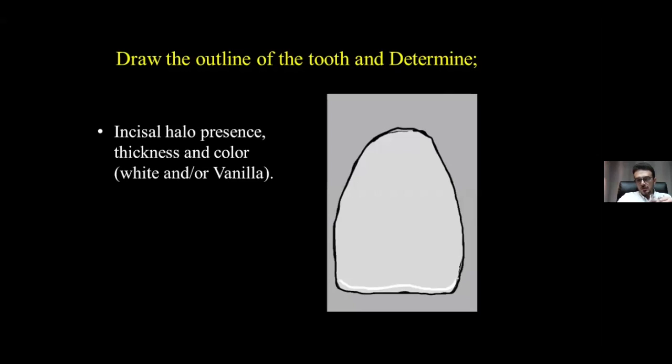So the first step is to draw the actual outline of the tooth. You cannot just draw an upper central from your memory and then start to place the color shapes on it, because their thickness and extension has to be from one point to another. If you draw the outline of the tooth incorrectly, all the color shapes will be drawn on the color map in an incorrect way.